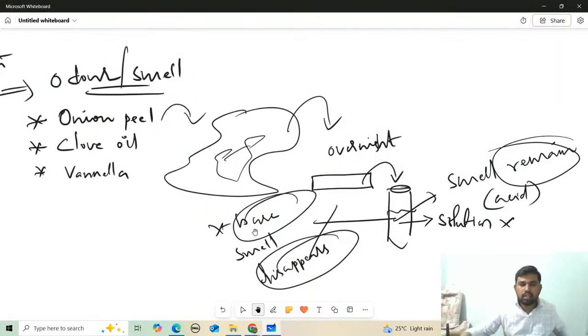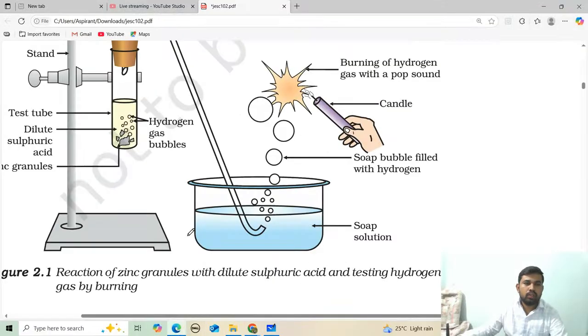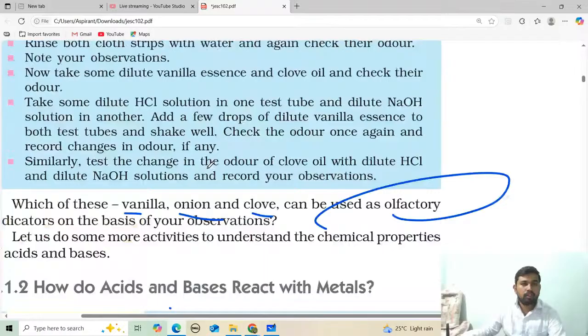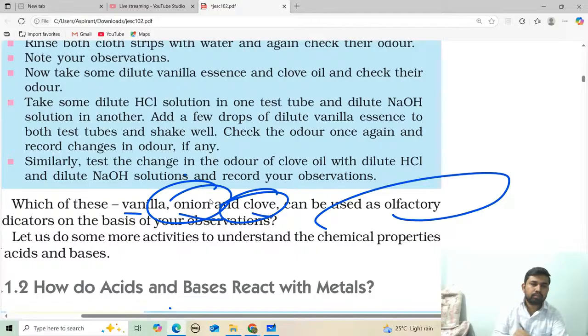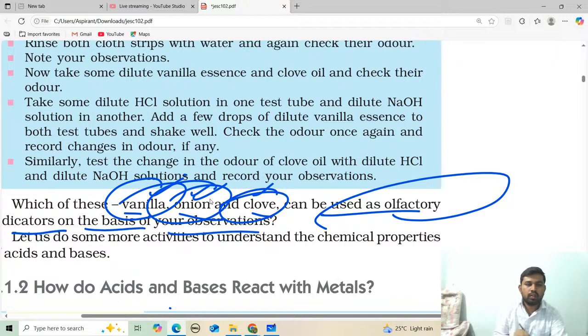Let's discuss what the next concept is. You can see that here they have given vanilla extract, onion peel and clove oil. Vanilla, onion peel and clove oil can be used as olfactory indicators. On the basis of your observations, do some more activities to understand the chemical properties of bases.